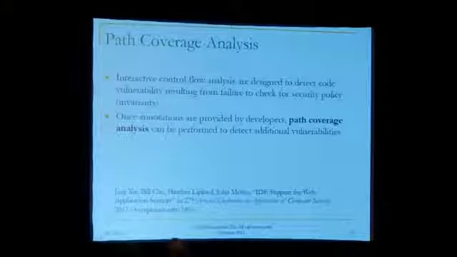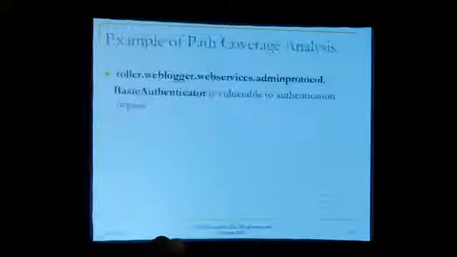We're assuming that the developers are going to give us those invariants, and then our goal is to look at all possible paths throughout the execution of the program, and see if all the paths are covered by Boolean checks. If they're not covered, then that signifies some kind of bypass problem. This was also reported last year when we were at OWASP, but it was not implemented. It was kind of a theory.